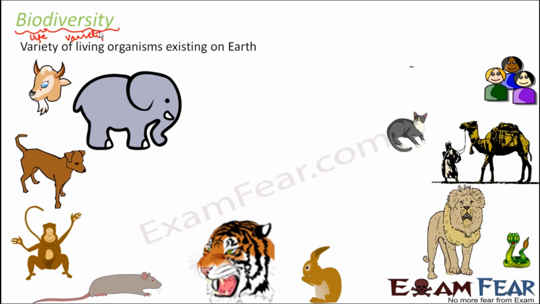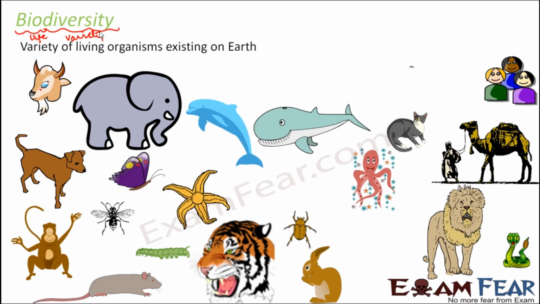Not only that, even human beings are also part of living organisms. The tiny insects and the flies or the worms are also part of it. There is again a huge variety of organisms which live in water, whether in marine water or in fresh water, a large variety of fishes, dolphins, sharks, whales, octopus, starfish.